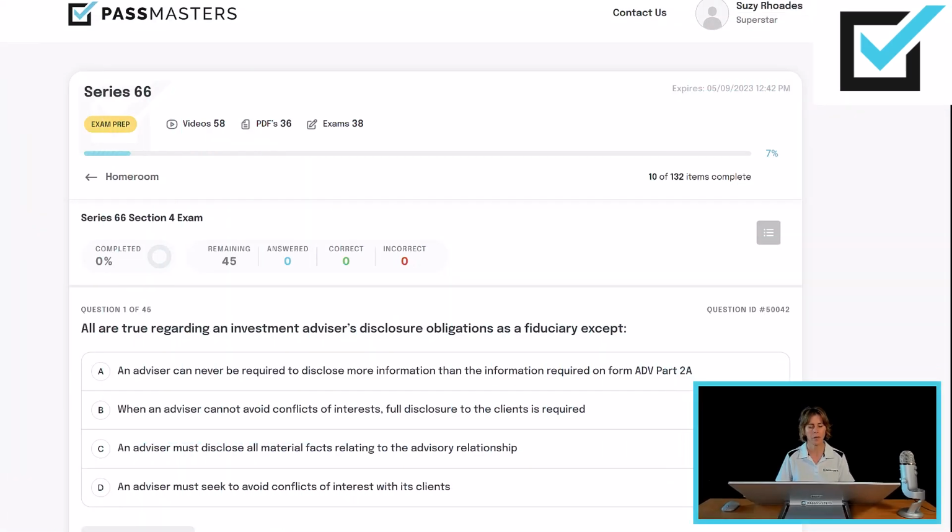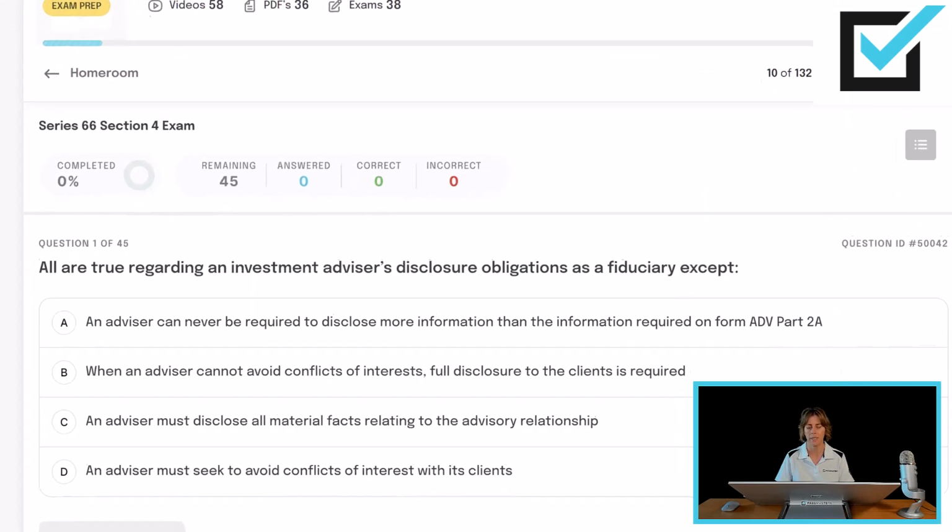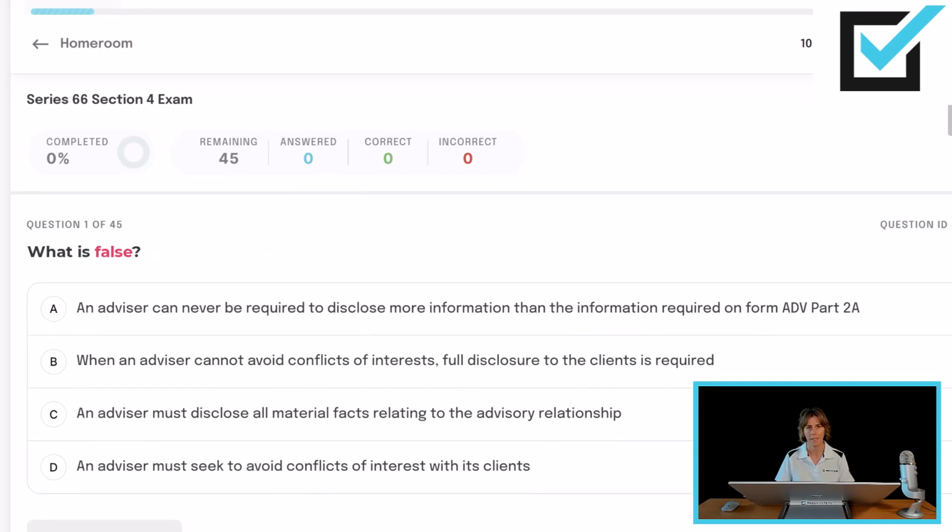All are true regarding investment advisors' disclosure obligations as a fiduciary, except what is false. An advisor can never be required to disclose more information than the information required on Form ADV Part 2A. Seems false. When an advisor cannot avoid conflicts of interest, full disclosure to the client is required.